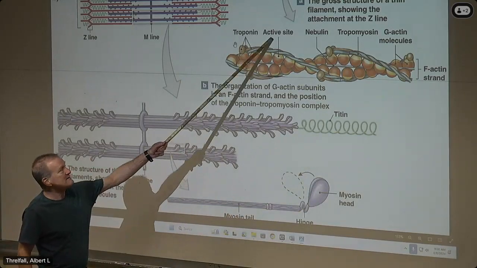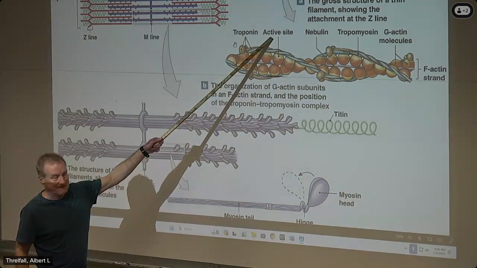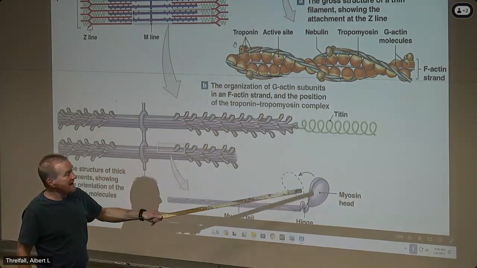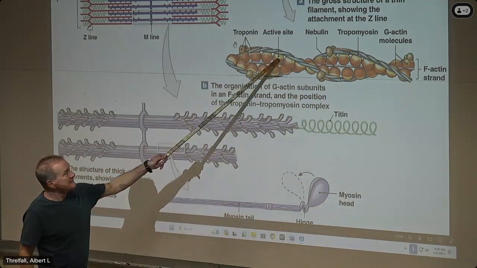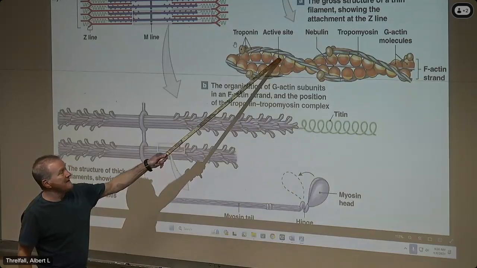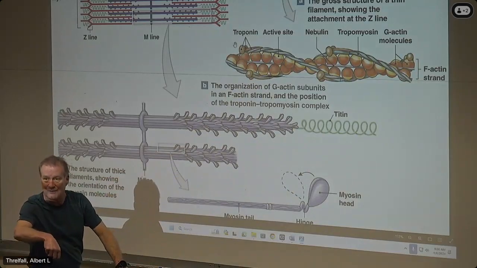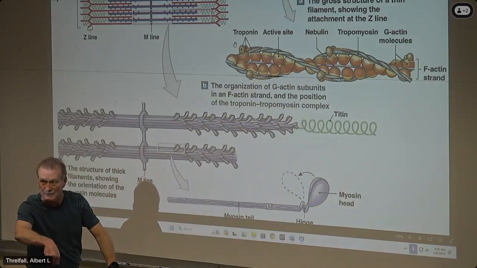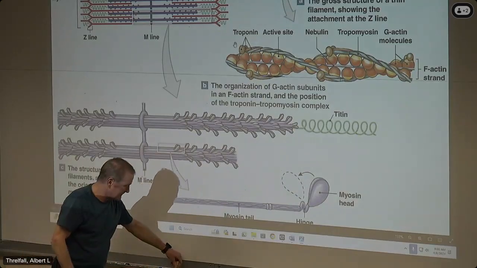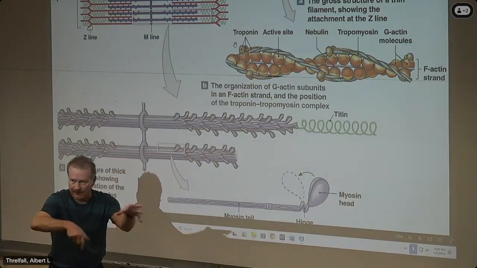They bind what's called the active site, also called the binding site. So the heads on myosin bind the binding site on actin, bind, swivel, release. Bind, swivel, release. All of them.